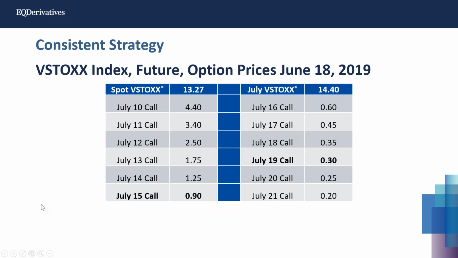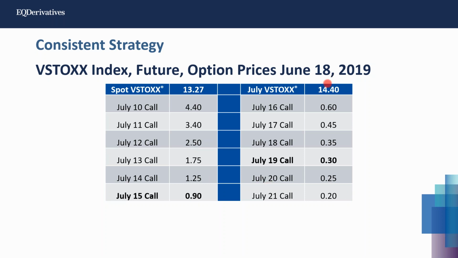So here we've got where spot VSTOXX and July VSTOXX were on the day before June VSTOXX settlement or expiration. And what we're concerned with is the underlying price, that 14.40.